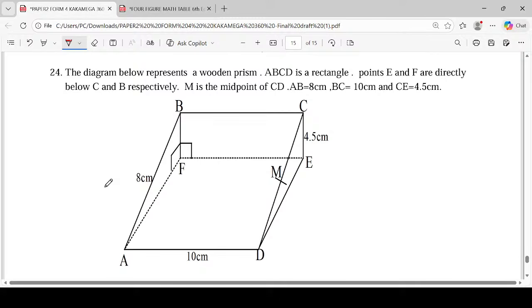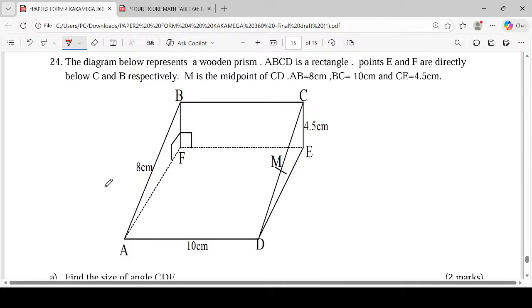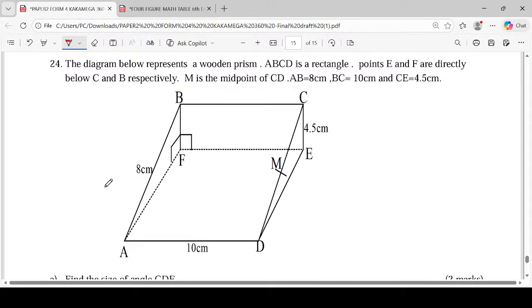M is the midpoint of CD. AB is 8 centimeters, BC is 10 centimeters and CE is 4.5 centimeters.